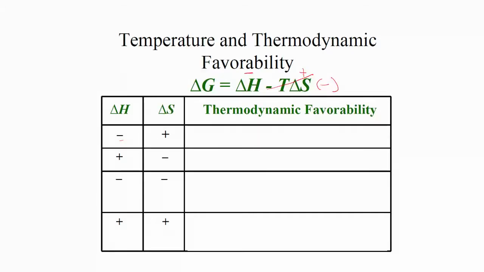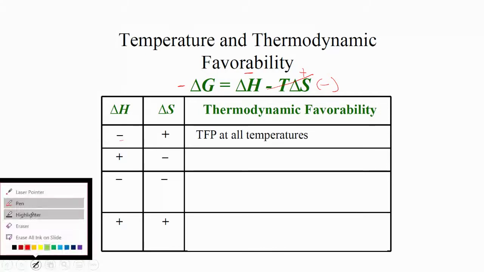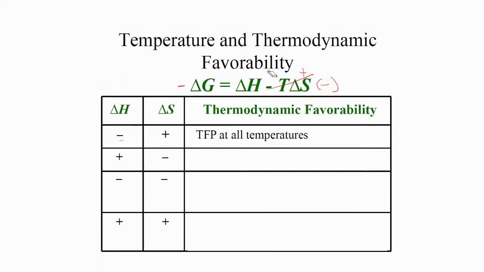A negative minus a negative gives me a negative delta G, so I am thermodynamically favorable at all temperatures. See how I worked that out? I like to use logic to figure these out. Instead of trying to memorize it, I like to think about it.